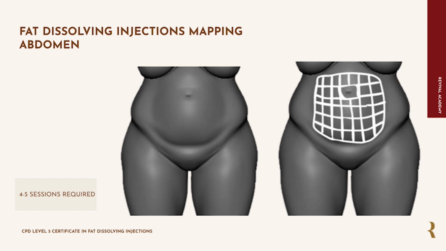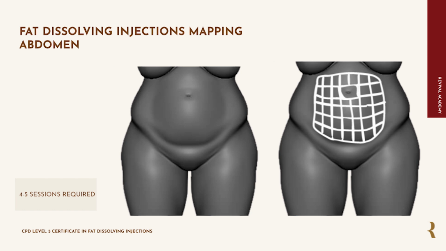This is one of the other most popular areas that clients will ask you for. As you can see, when it comes to the abdomen, you follow the outlines to find the actual fat pocket you're going to be working on. You create the same map, and each square again is an individual injection point.